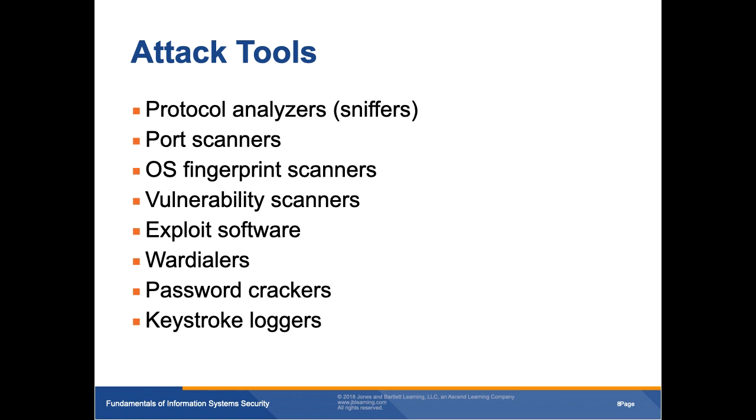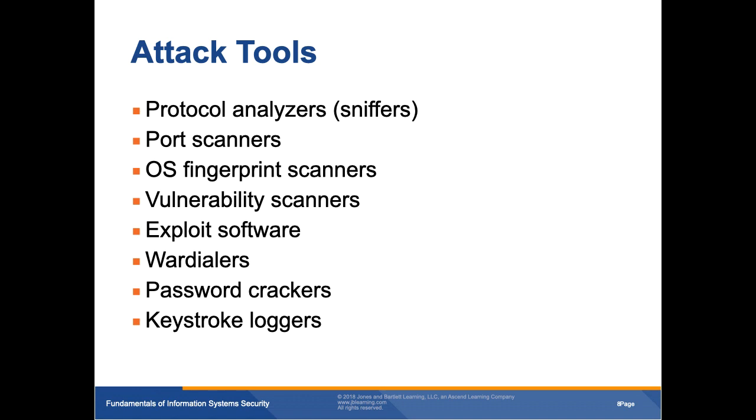Vulnerability scanners use known exploits and issues, and the software allows you to run through a lot of them and figure out if there are any known vulnerabilities in a system that can be exploited. And then exploit software, right? These are known exploits for certain software or OSs, and they're written so they automatically exploit it and make it very easy.